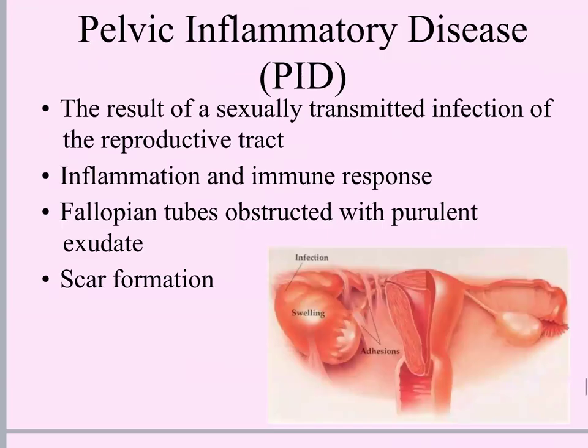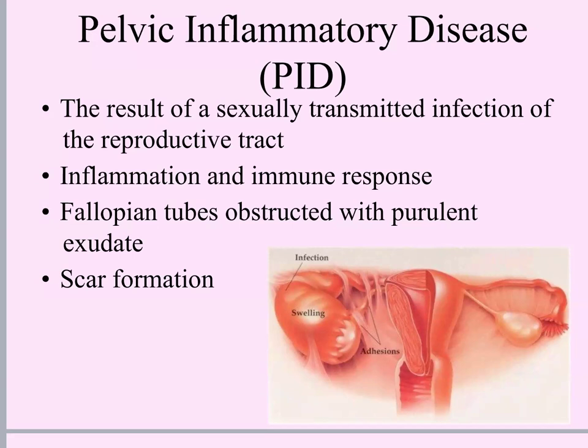So pelvic inflammatory disease, this is a disease of the pelvic inflammatory tract, and the infection begins in the lower genital tract, so the vagina or cervix, and then the pathogens ascend into that endometrial lining, and then they move all the way into the fallopian tubes and sometimes even the ovaries and the peritoneum, so that lining of the abdominal cavity.